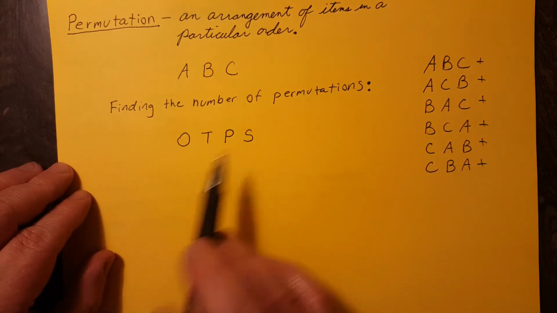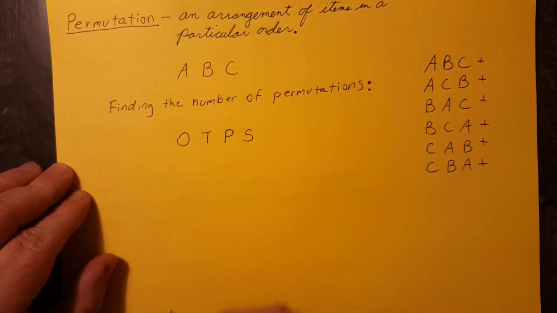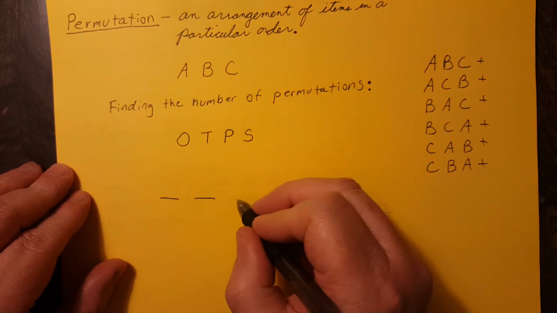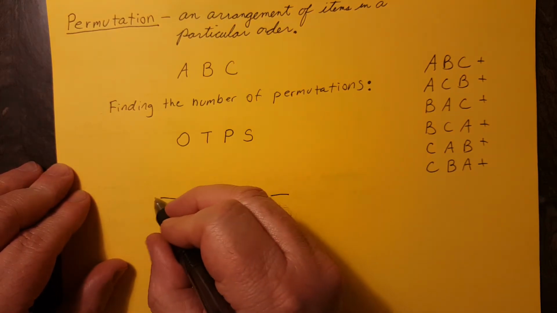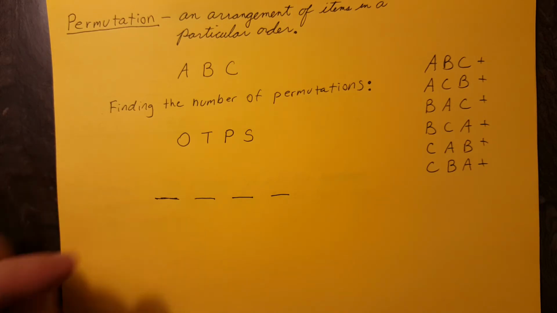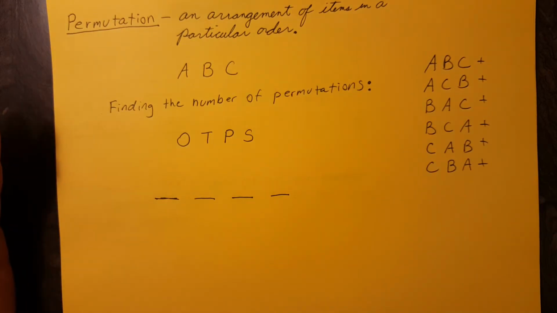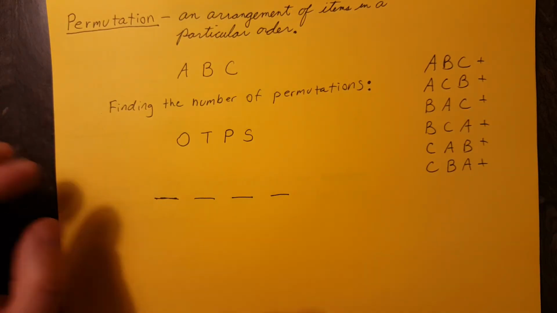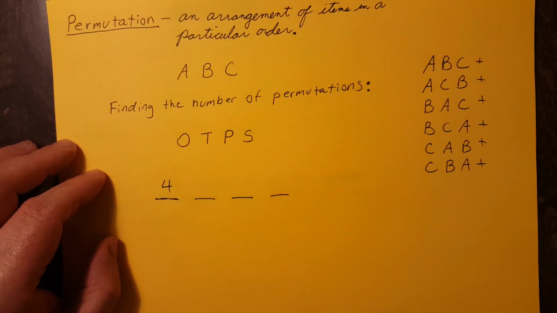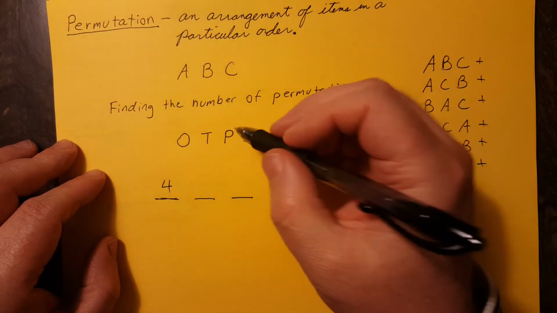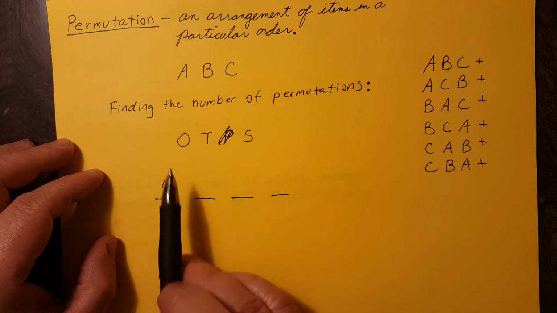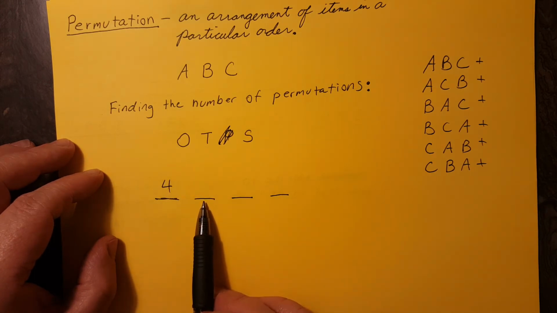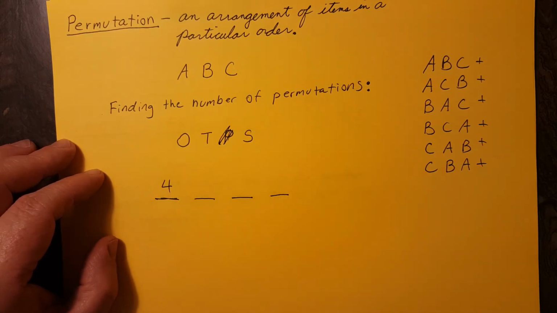Well, we know when we're making the permutations, there's going to be 4 letters. 1, 2, 3, 4 letters. Now, for the first one, I can pick any one of those 4 letters. So there's 4 choices here for the first one. Now, let's say I chose letter P. Doesn't really matter, but for the second letter, there's only going to be 3 choices left.